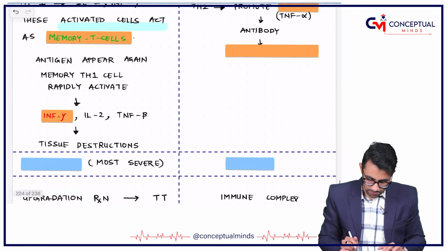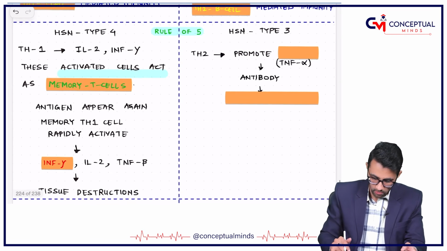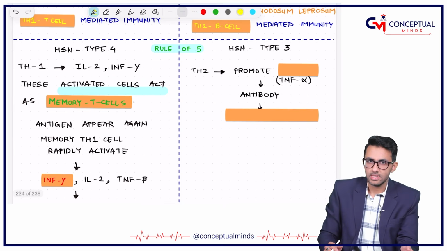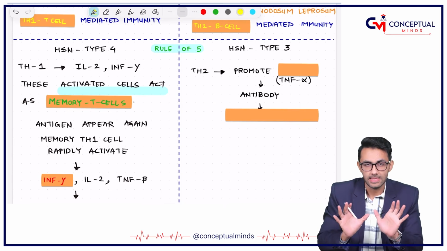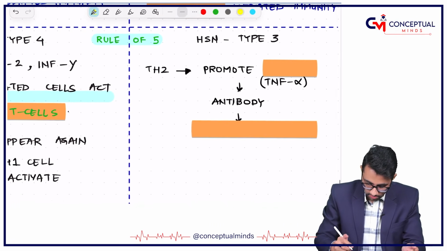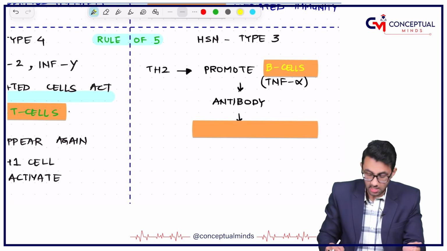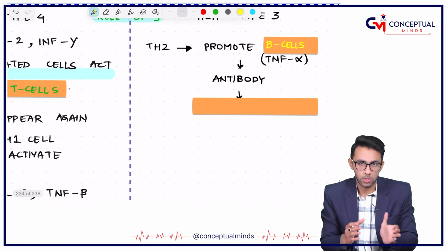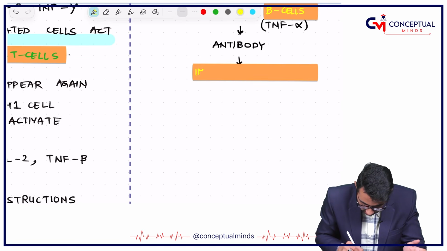So how about the other one, the Th2, the type 2? What Th2 does is it activates the B cells. Yes, it promotes B cells. And what these B cells do in return is they produce antibody, which leads to the formation of immune complexes.